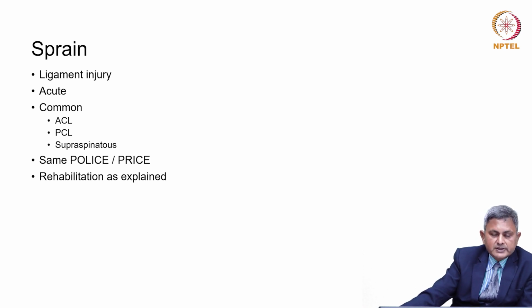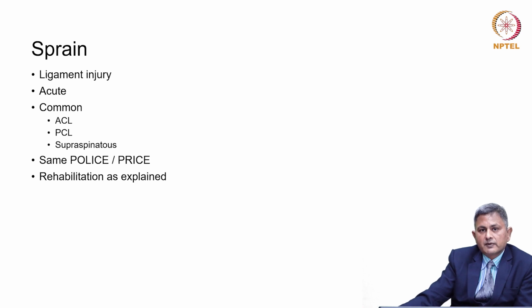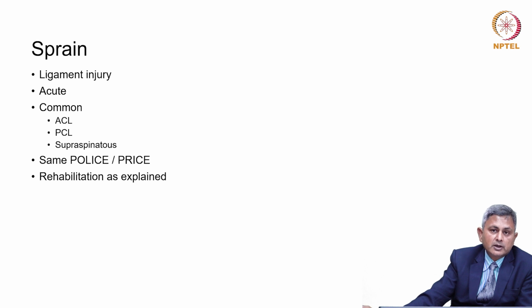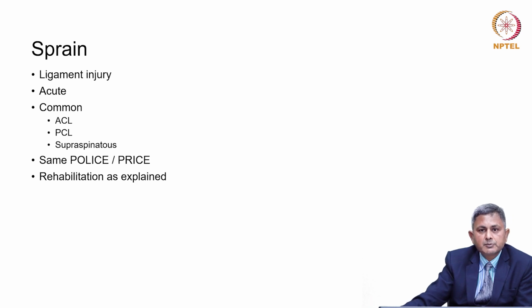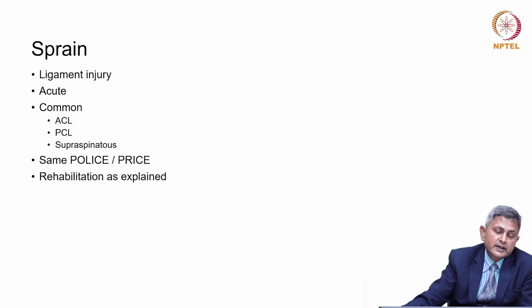The same principles of POLICE and PRICE and rehabilitation apply. If you go under surgery first, the optimum loading principle will be affected there, and your pain-free range of motion, then the isometric, then the isotonic, the same sequence, and it takes a minimum of 4 to 6 months.